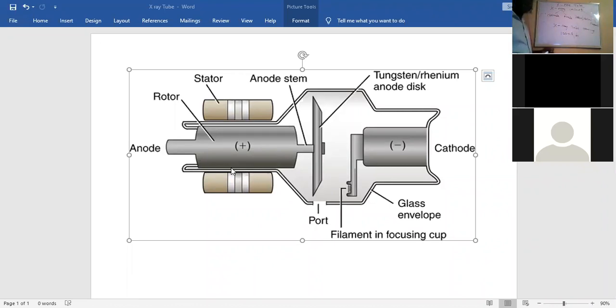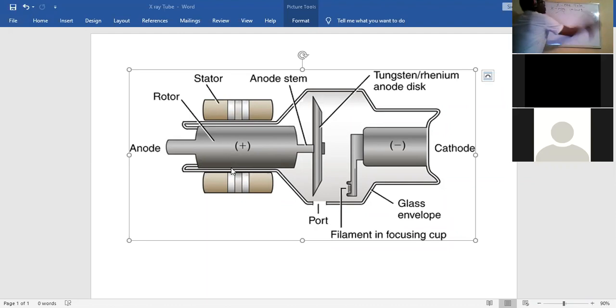If you stay there every hour, you shouldn't have an exposure more than 100 milliroentgen. So the whole of this inside the tube housing makes up a tube.